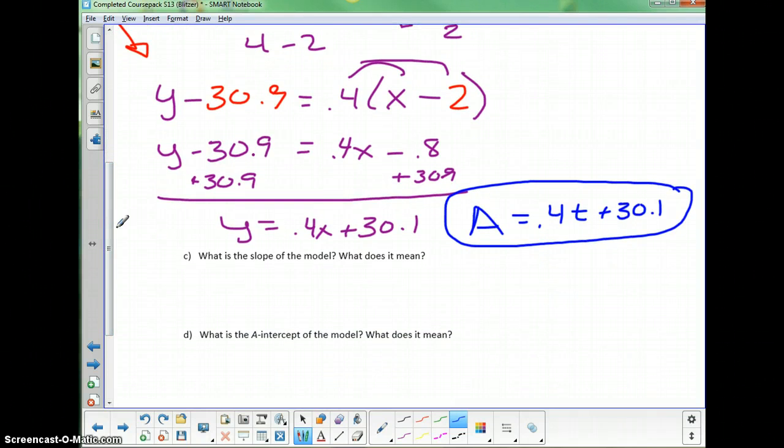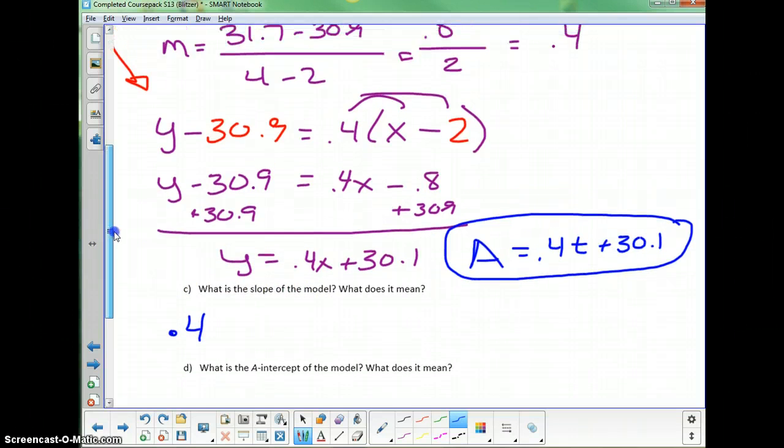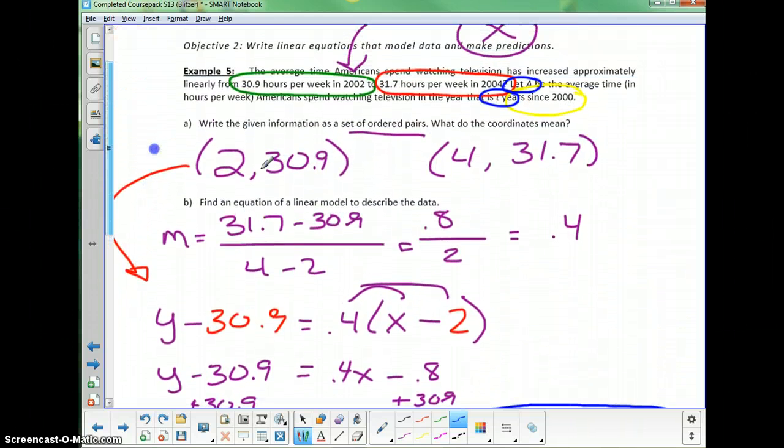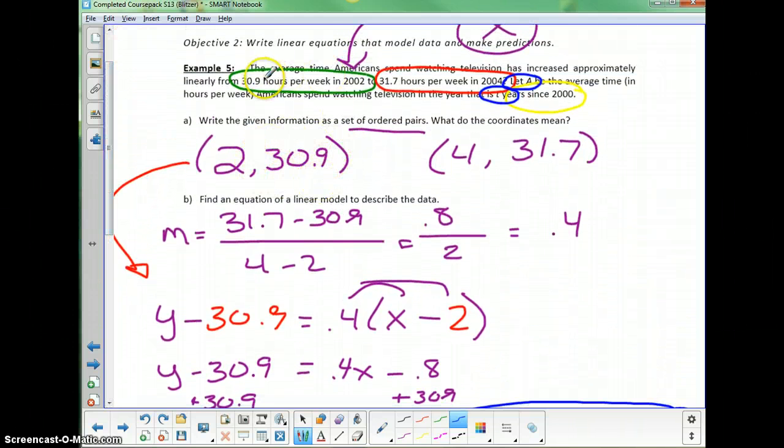Okay. What is the slope? What does it mean in this situation? Well, I've already found that the slope is 0.4, but I need to put my labels on here to know what this means. Okay, so this 0.4 was the change in y over the change in x. So that's the change in hours per week over the change in time.